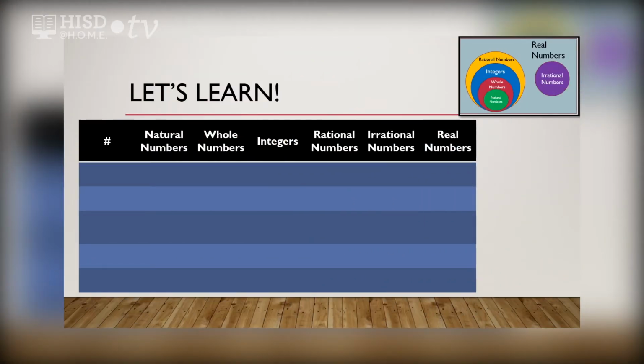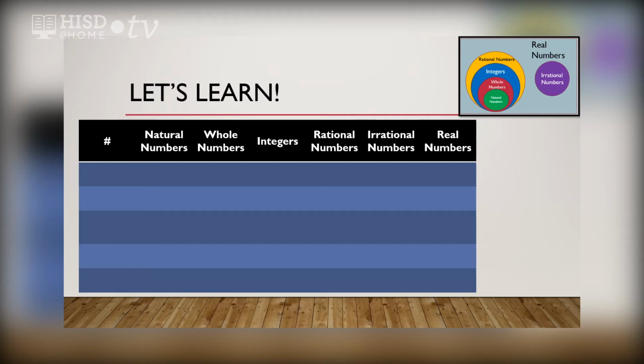Okay, now it's going to be our turn to apply the concepts that we learned during the previous section in order for us to start classifying the numbers that we are going to see appearing on the screen.